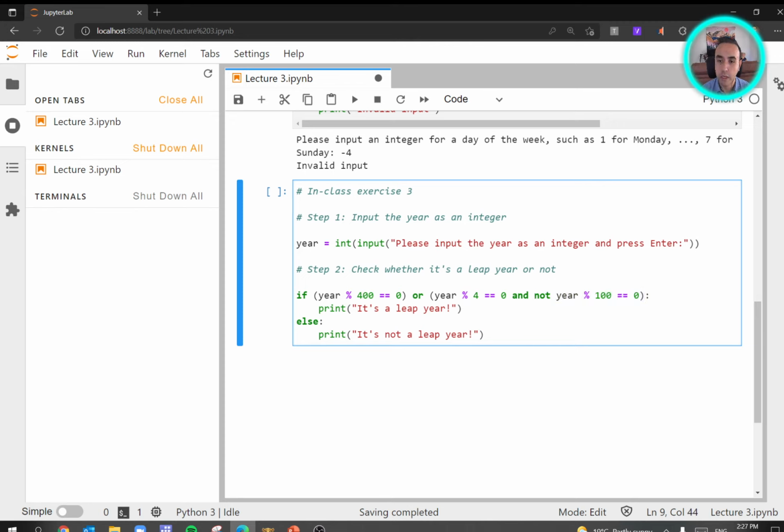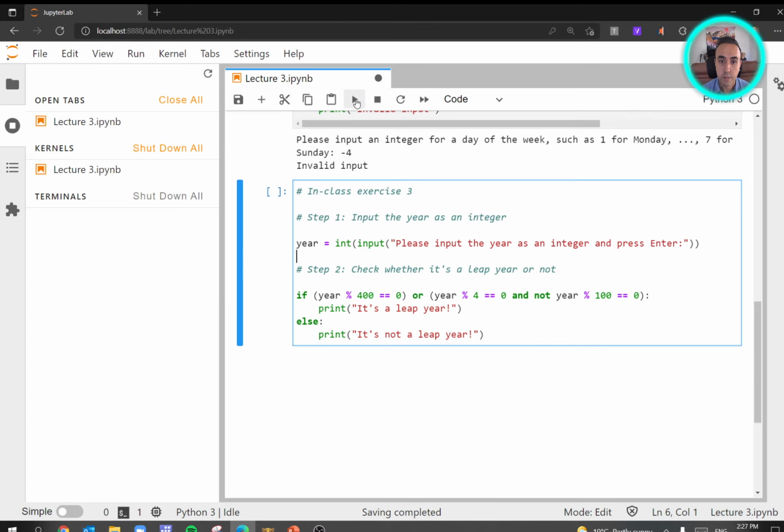Another way of doing it is to use not equal to. An exclamation mark and equal sign means not equal to. There are a couple of ways to do it, but I'll just use not because we just learned not, and the point of the exercise is that we use not.